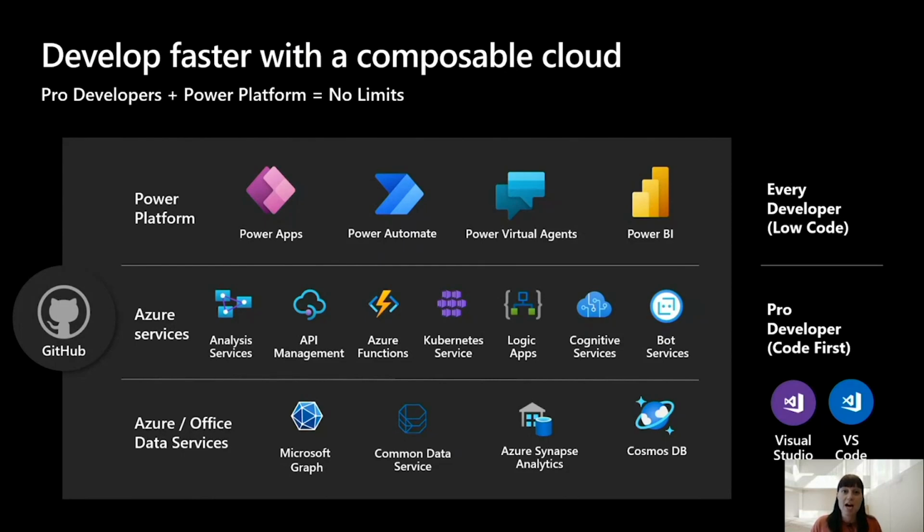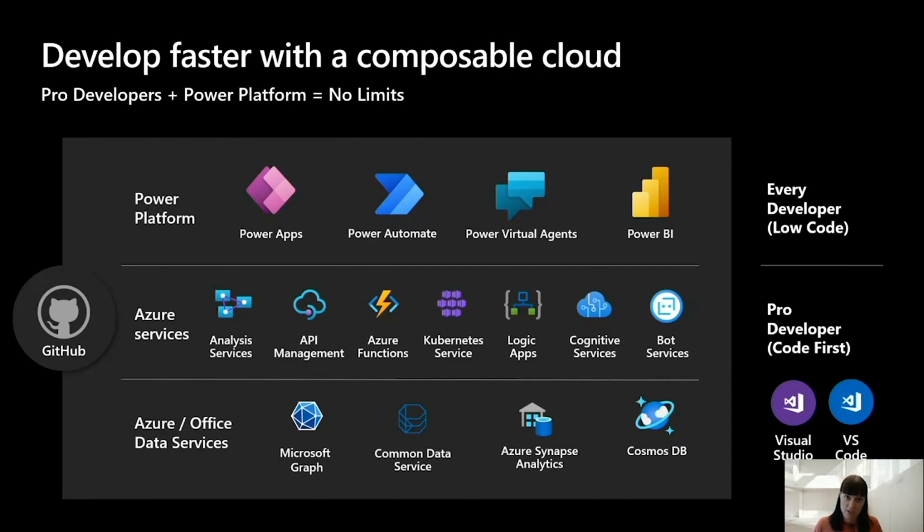But then we also have the Azure services in the middle, and we'll be focusing a lot here. There's a lot of business logic that customers are building using Azure Functions, building APIs and registering them with API management, using cognitive services and bot services, and then elevating that into the Power Platform.